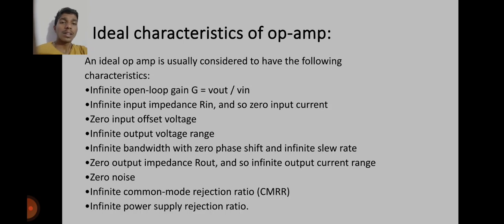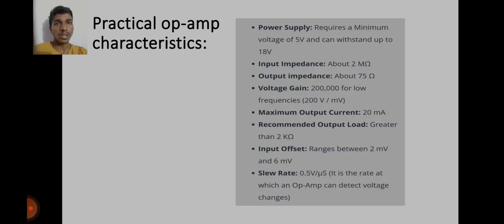It should have infinite CMRR, that is common mode rejection ratio, which is AD by AC, that is differential gain by common mode gain, and infinite power supply rejection ratio, PSRR.